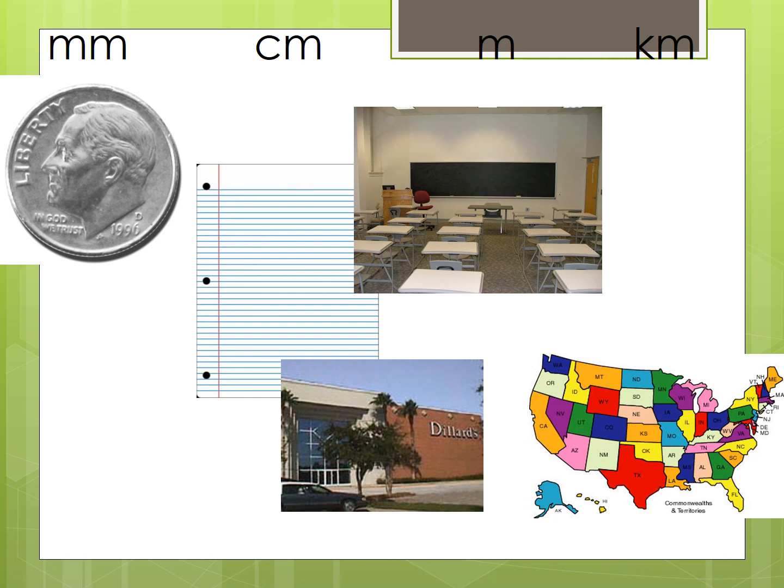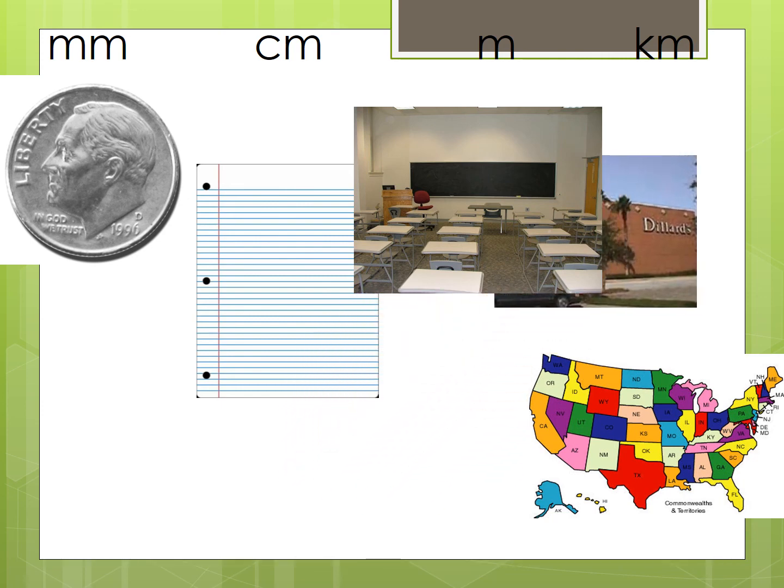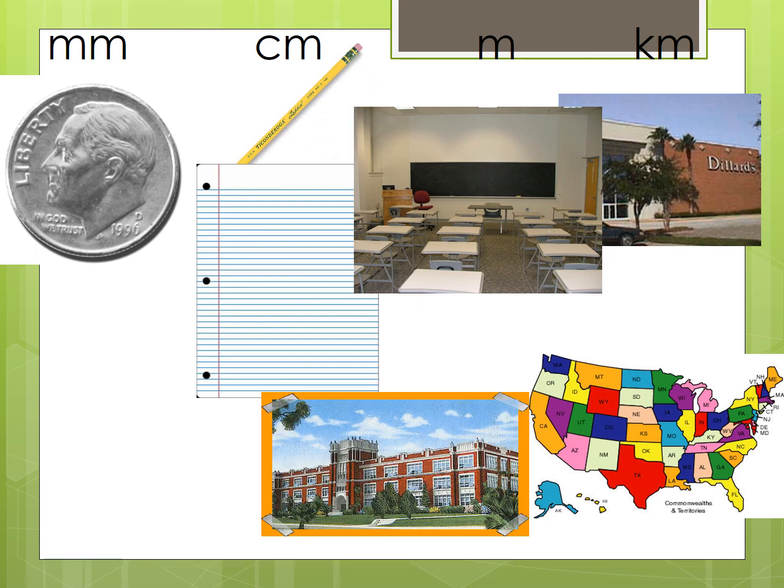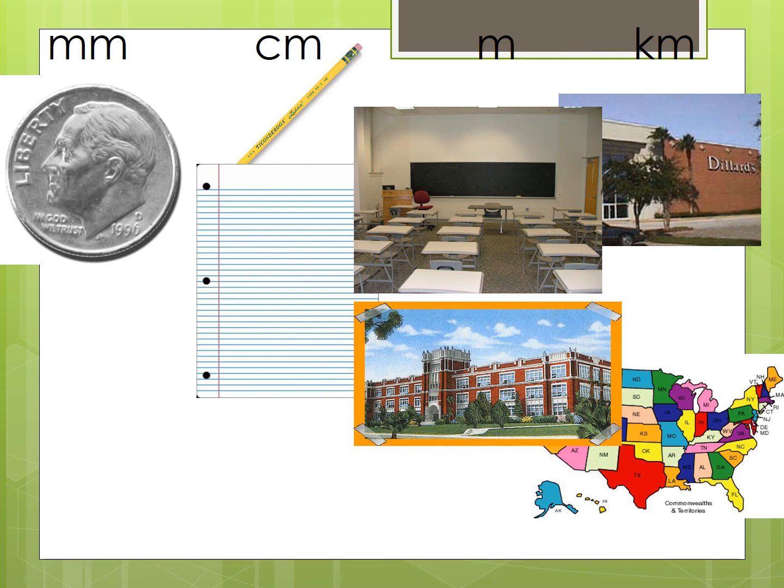Distance to the mall, so you again measure in kilometers. And the length of a pencil, again, pretty small, so you'd use centimeters. And the last one, the height of the old brick building, too small for kilometers, too big for centimeters, so you would use meters.